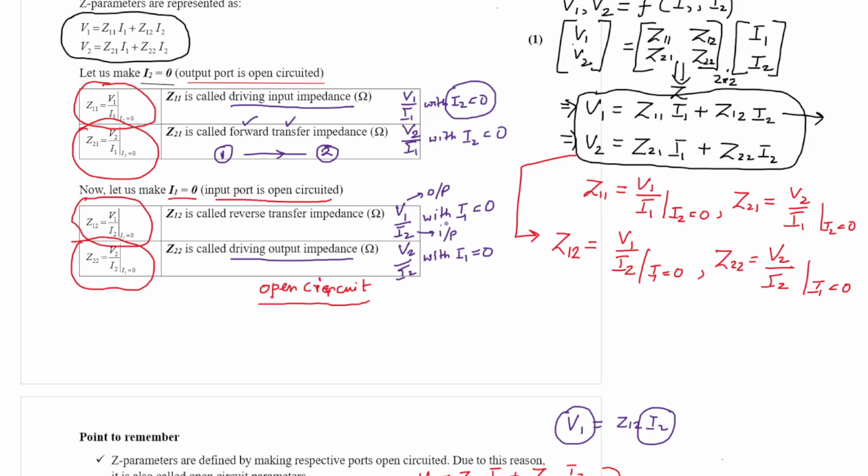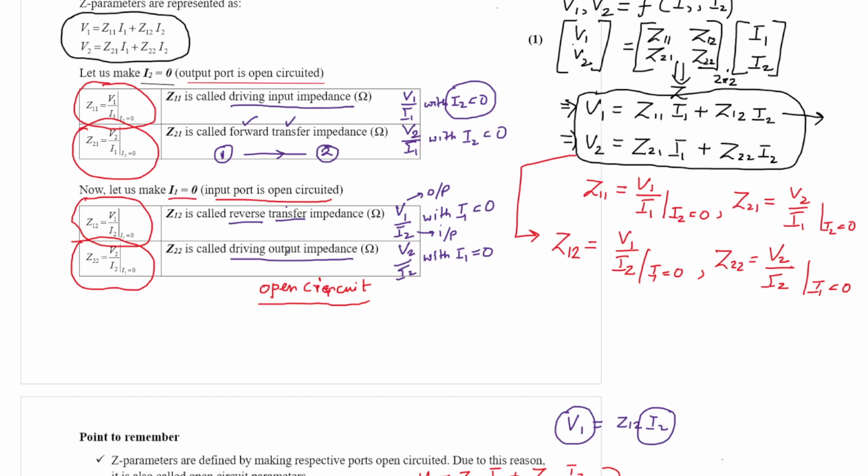So signal is flowing in the reverse direction. That is why it is called reverse transfer, because two ports are involved, and impedance because dimensionally it is voltage by current. That is why it is reverse transfer impedance.